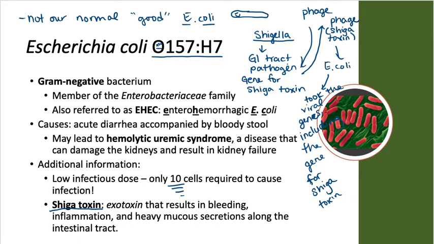So scientists knew that a virus must have picked up that gene from Shigella and transferred it into E. coli. And what do we call this type of gene transfer? Where a virus is responsible for transferring a gene from one organism to another. We call that type of gene transfer transduction. So that relates to Unit 2, genetic processes.